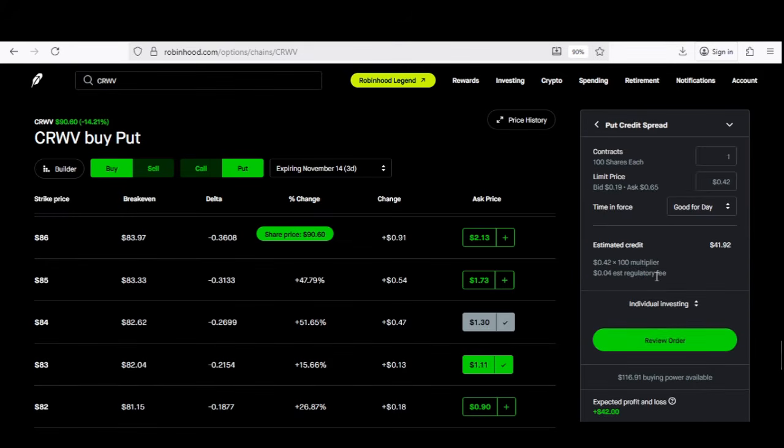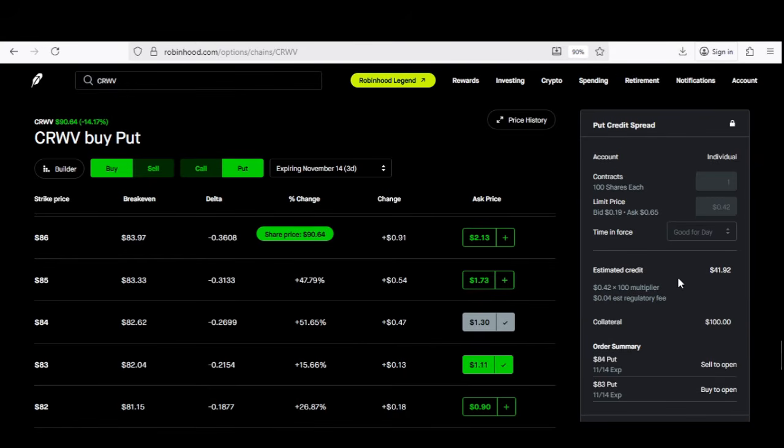Now, the amazing thing about the put credit spread is that the barrier to entry to get into this option strategy is very low. Like I mentioned, if you were to do this option strategy right now, you'd only have to spend just $100. But here's the nice thing. This is what's known as an income generating option strategy. So when you execute this option strategy, you're going to be receiving $42.